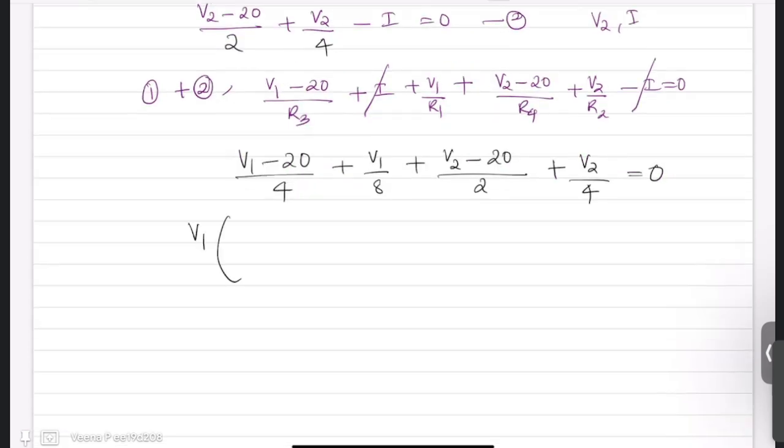When you write the coefficients, that of V1 is 1 by 4 plus 1 by 8, and that of V2 is 1 by 2 plus 1 by 4.